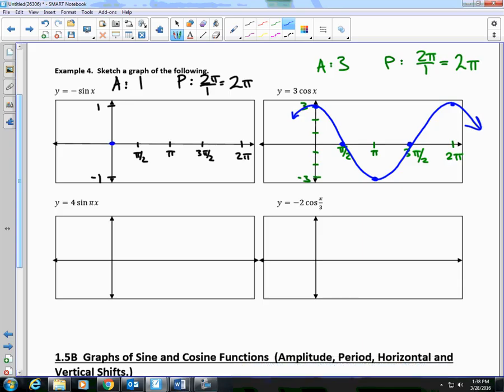Now, what's different about this problem compared to the ones we've done so far? It's got a negative. When you see a negative in front of a graph, what does it make the graph do? Makes it do a vertical flip, right? So sine wants to start by going up, but because it's negative, it will do a vertical flip. It will therefore go down.